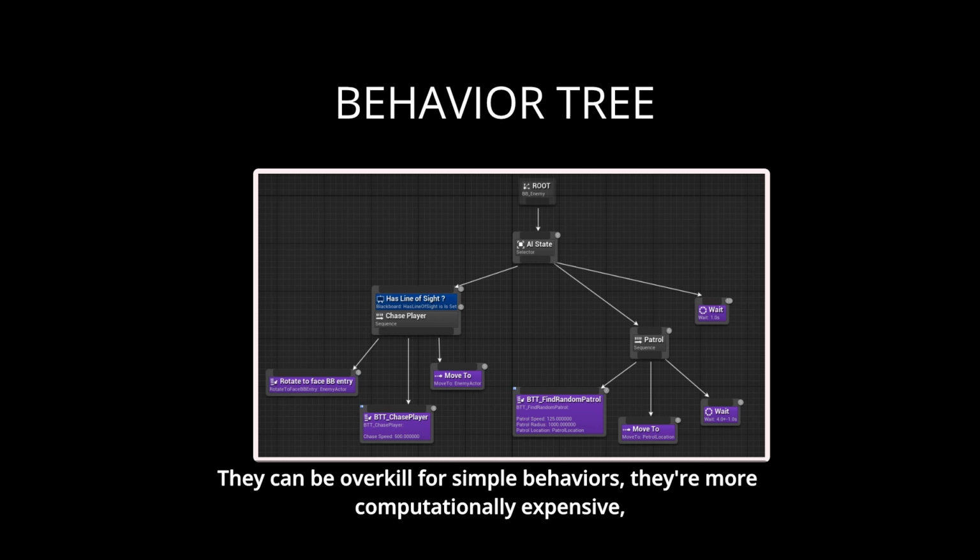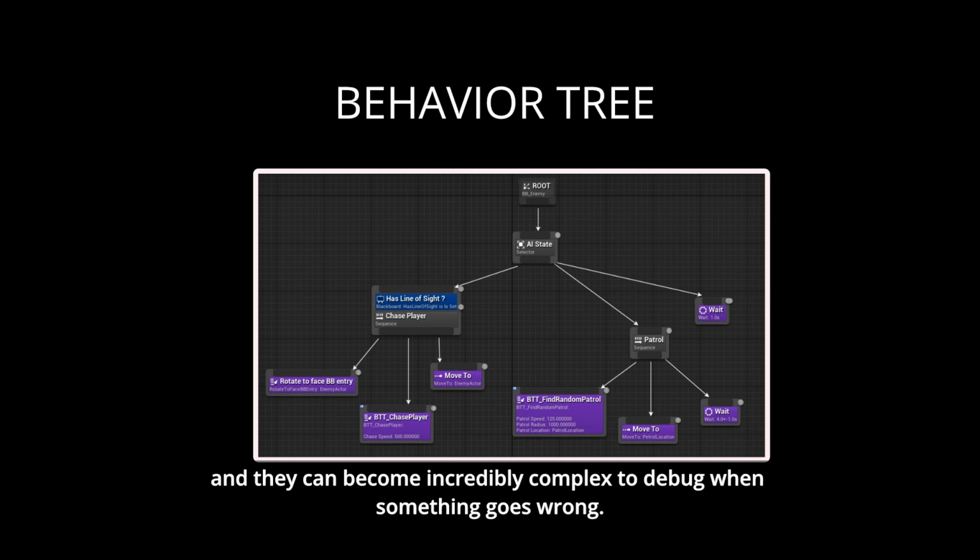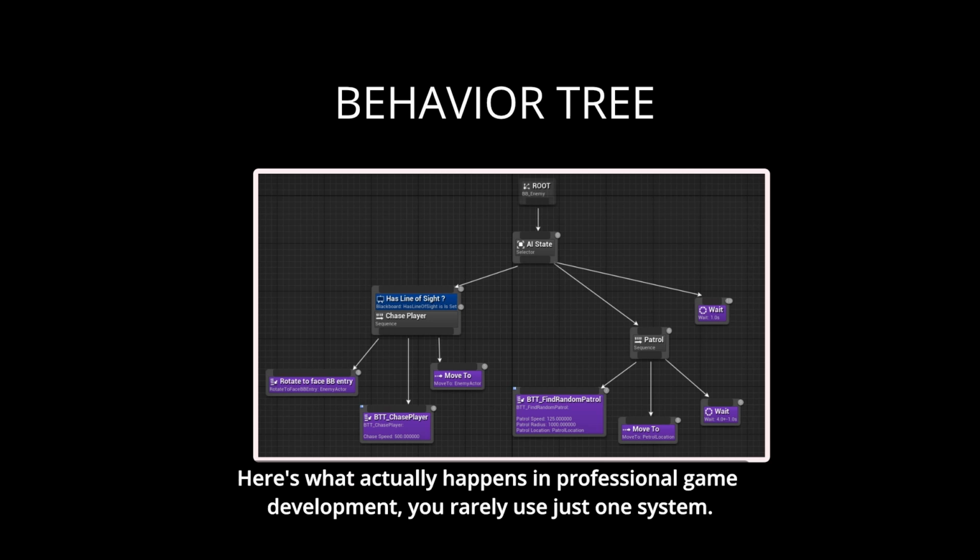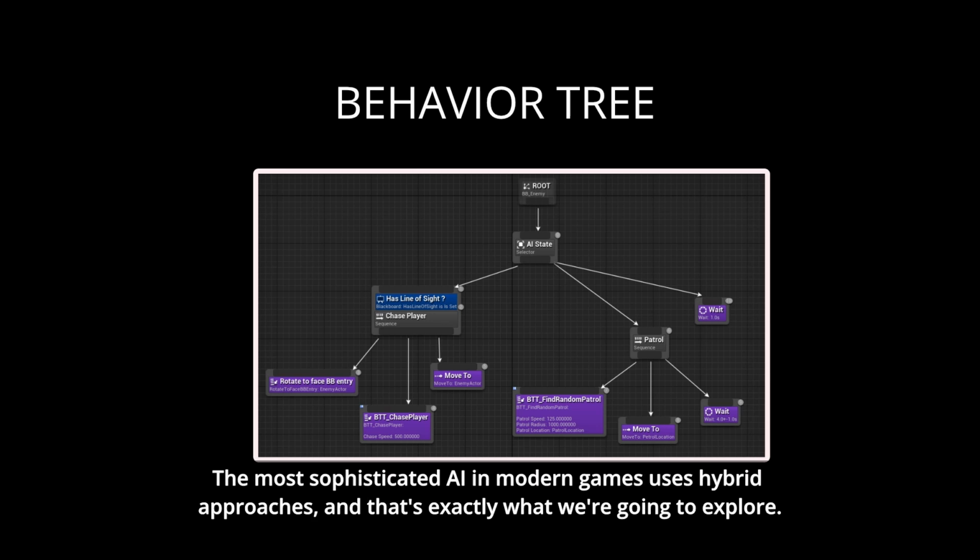They can be overkill for simple behaviors, they're more computationally expensive, and they can become incredibly complex to debug when something goes wrong. Here's what actually happens in professional game development. You rarely use just one system. The most sophisticated AI in modern games uses hybrid approaches, and that's exactly what we're going to explore.